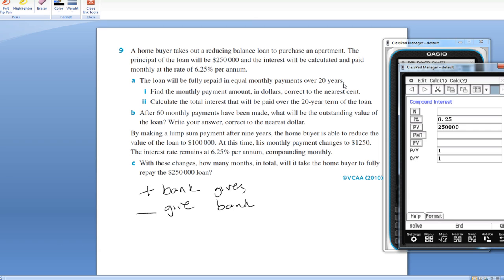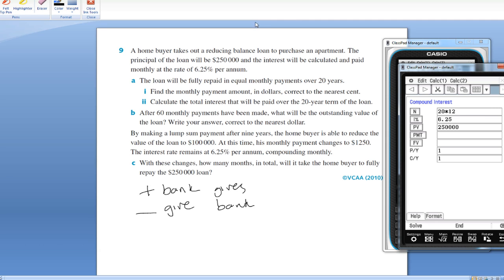We don't have to worry about that. The loan's going to be fully repaid in equal monthly payments over 20 years. So we have 20 years worth of 12 lots of these compounding periods, so that the loan's basically going to be repaid over 240 periods throughout its lifetime.